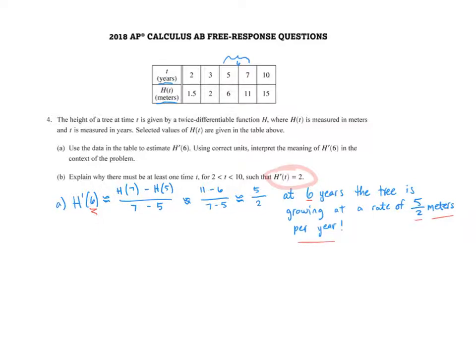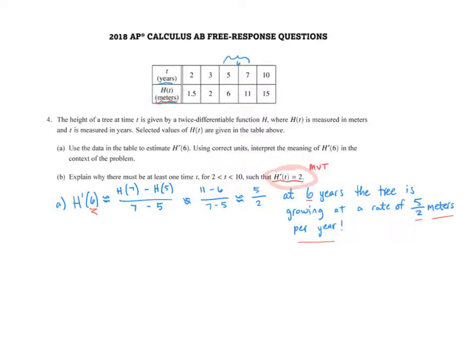Now in this particular case, since I'm comparing h prime to h, you see that those two are on different levels. I have function h and its derivative h prime that I'm comparing. So when we're on two different levels like that, we know that's going to be MVT.